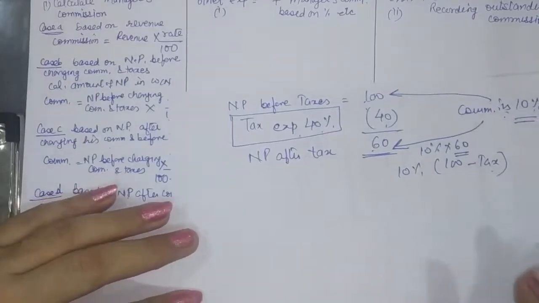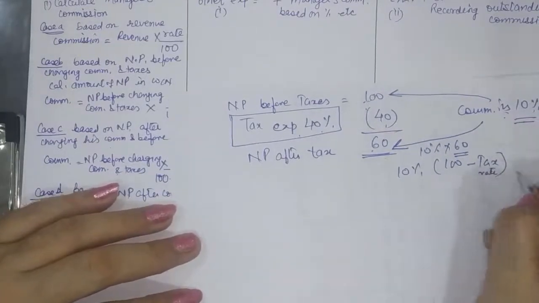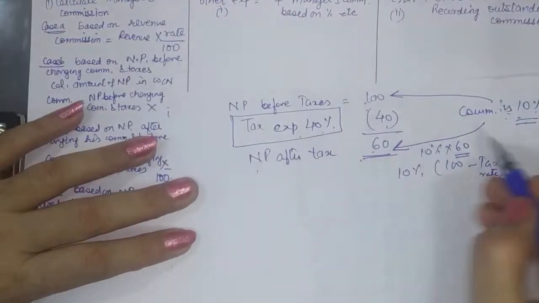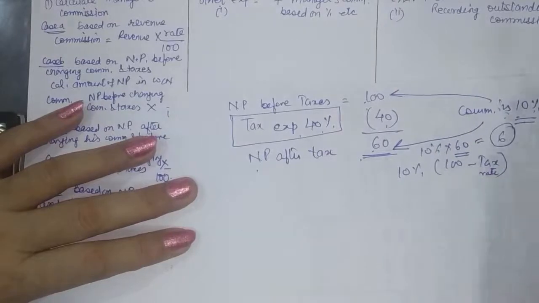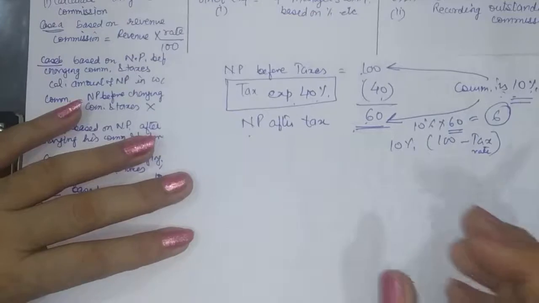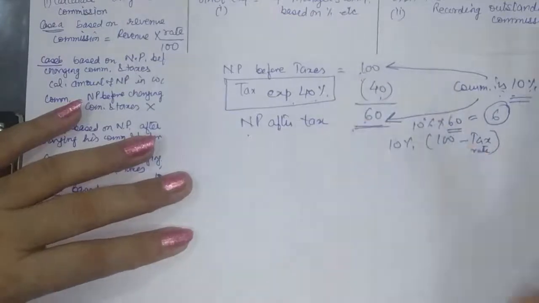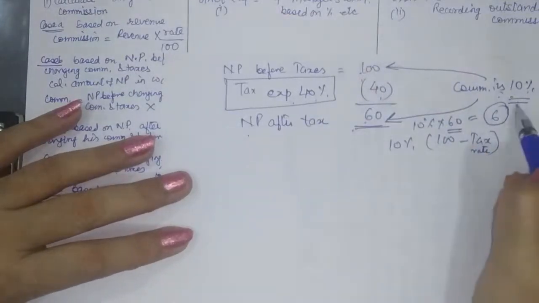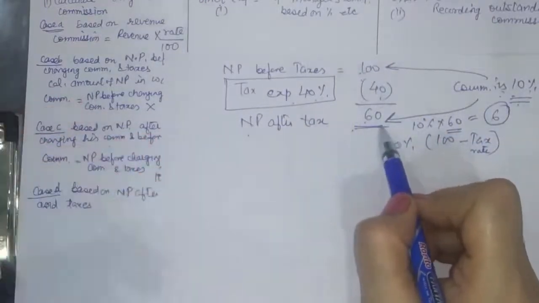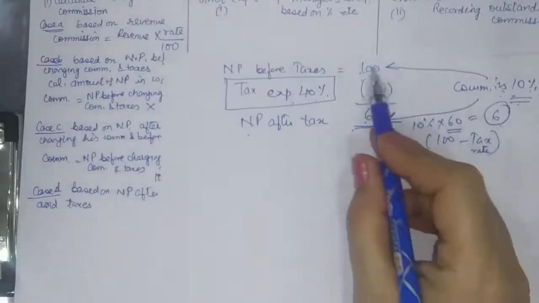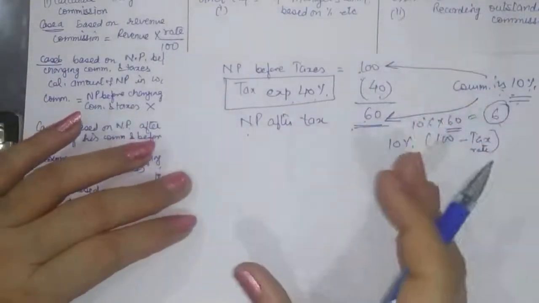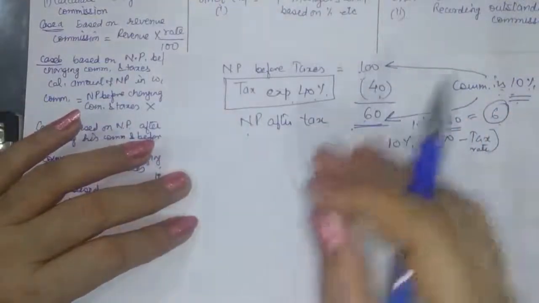So in a way, when the commission is based on net profit after tax, the rate of commission reduces by the amount of the tax that the company is going to pay. So a 10% commission based on net profit after tax is effectively 6% of the profit before tax. I am taking 100 as a base so that you can understand the change in the rate.